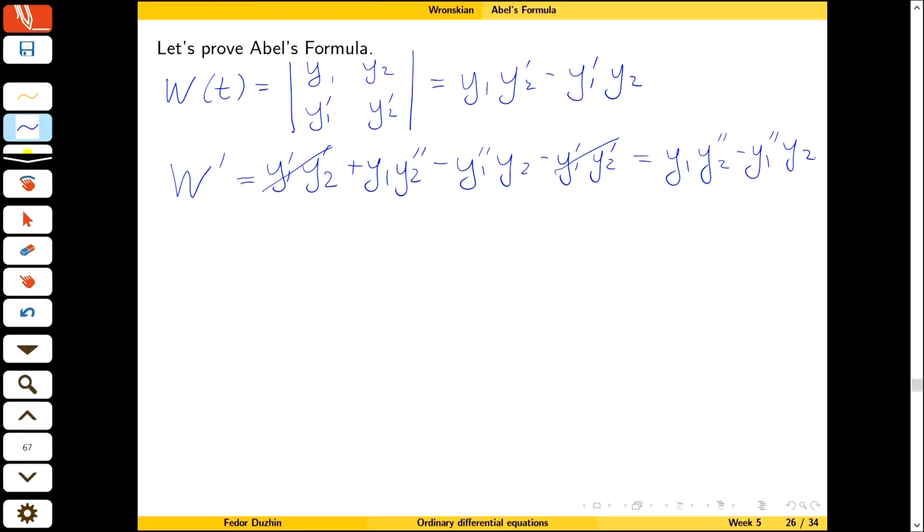Okay, so now let me write down the condition that y1 and y2 are solutions of the differential equation. The differential equation is y double prime plus p of t y prime plus q y is 0. Strictly speaking p is a function of t, but I will just write p.